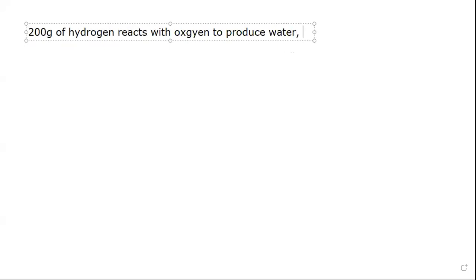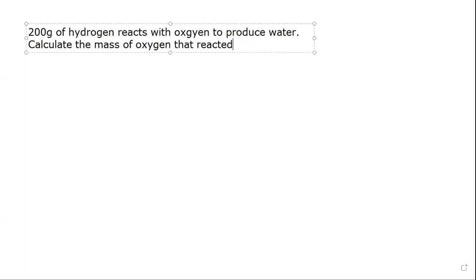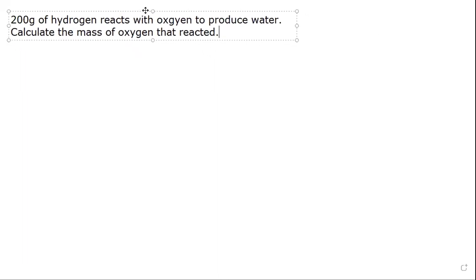Calculate the mass of oxygen that reacted. We're going to use both methods, that is, the first one, which is the law of conservation of mass, and the stoichiometric relationship, and see if we'll be able to get the same answer.